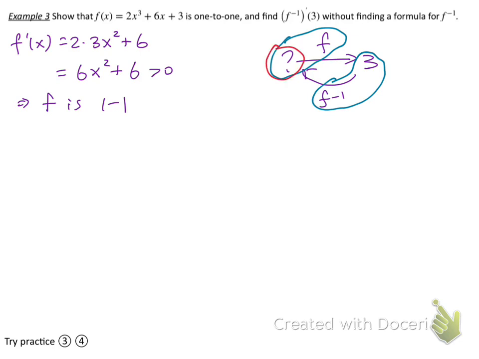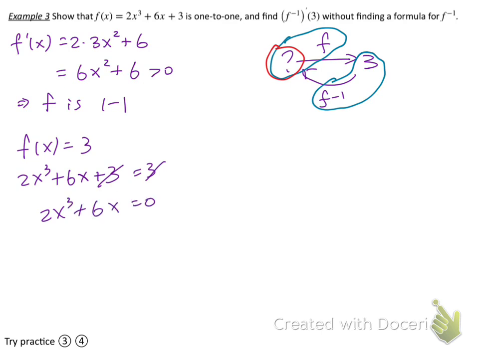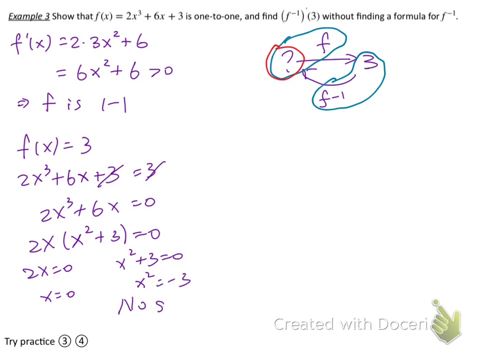Okay, now the question is, which number maps to 3? So f of x equals 3. 2x cubed plus 6x plus 3 equals 3. That means 2x cubed plus 6x equals 0, and we factor out 2x, we have x squared plus 3 equals 0. 2x equals 0, that's x equals 0. x squared plus 3 equals 0, x squared equals negative 3, you have no solution.